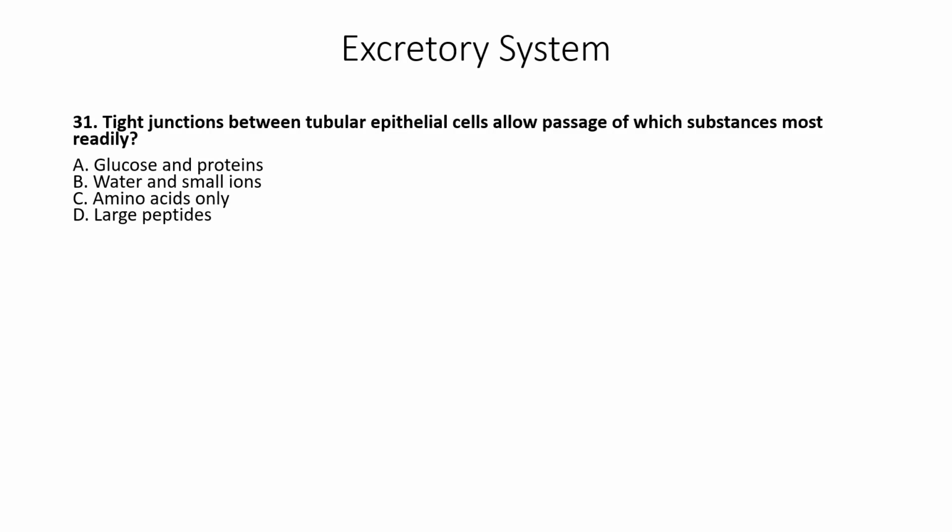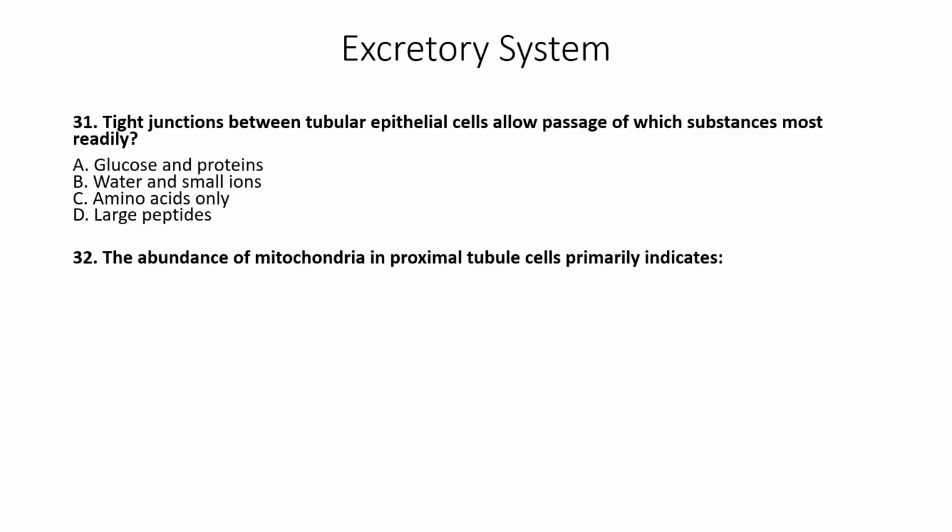This is what it allows the passage of most readily while stopping most of the other things like glucose and proteins and larger molecules. Okay. So the right answer here is option B. Okay. So I hope that is now clear. So we can move to the next one. If anyone has any questions or wants me to repeat something or explain something in more detail or in a different way, just let me know, okay?